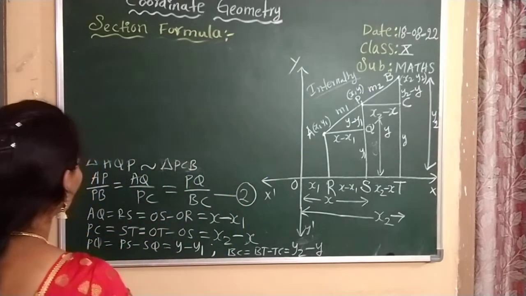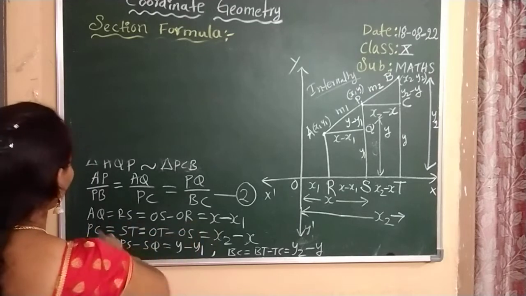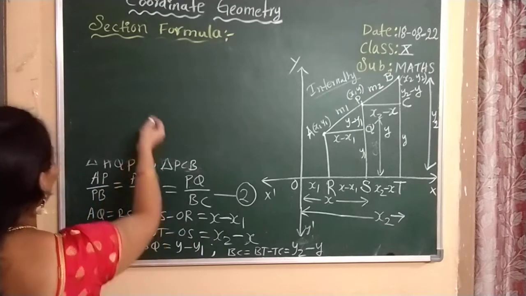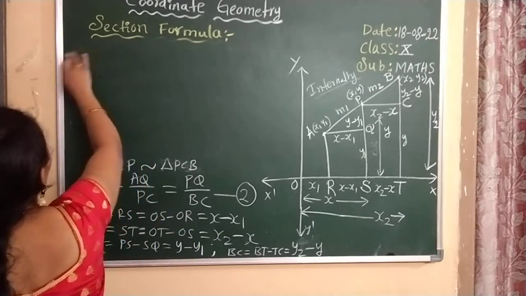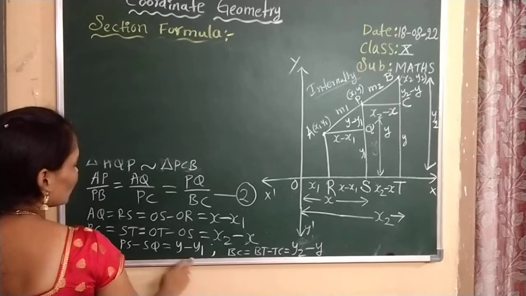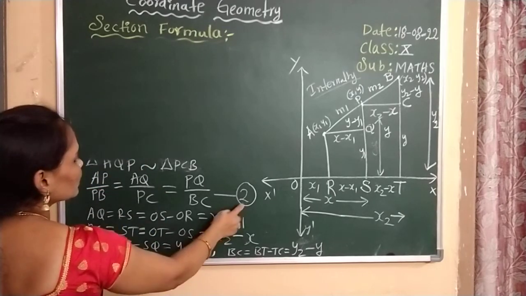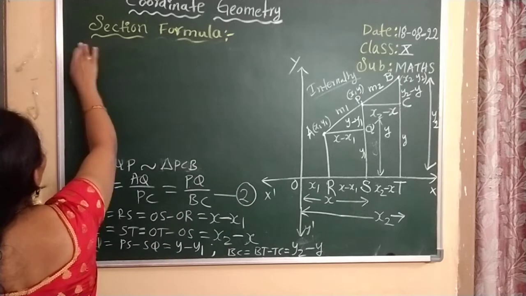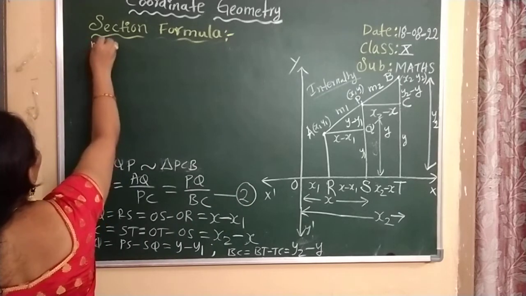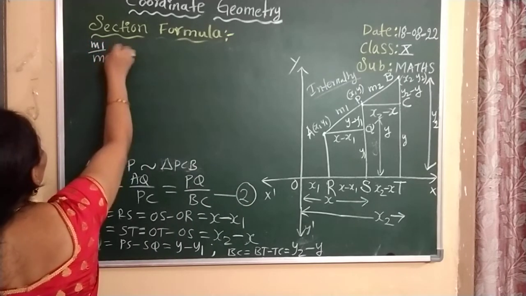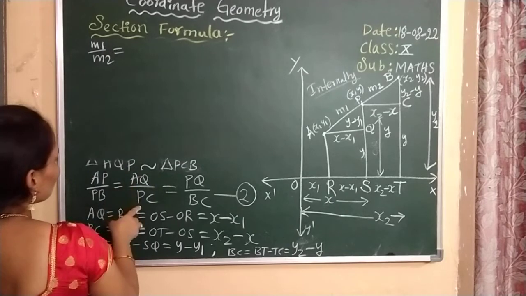After that, once look here. AP by PB we got as m1 by m2. Substitute all these values in equation 2. So we get m1 by m2 equals AQ by PC.